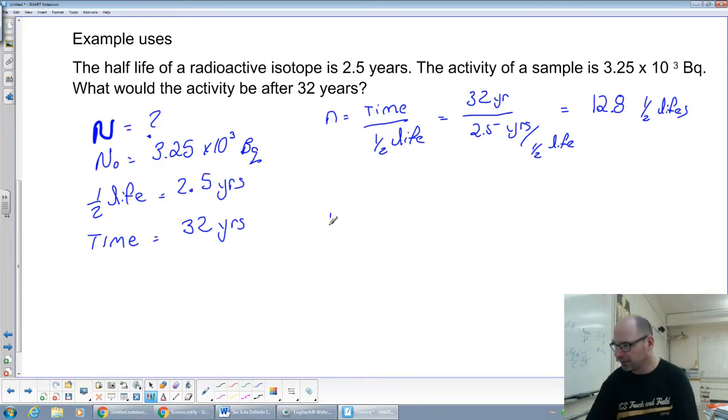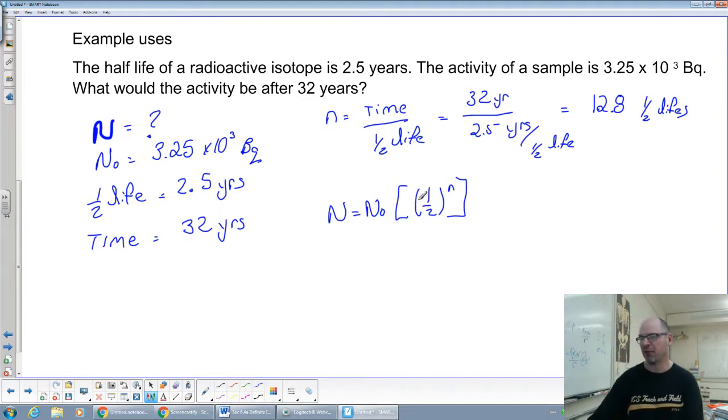So n equals n0 times 1/2 to the power of little n. We don't need the square brackets because you should remember it's always considered order of operations, but I put it in there because people always forget a lot, including me sometimes.